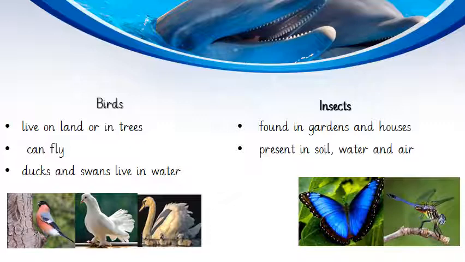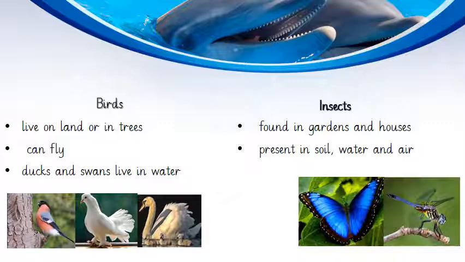Some birds like ducks and swans live in water or near water. Examples of other birds are sparrows, crows, pigeons, etc. Birds eat seeds, fruits, worms, and insects.